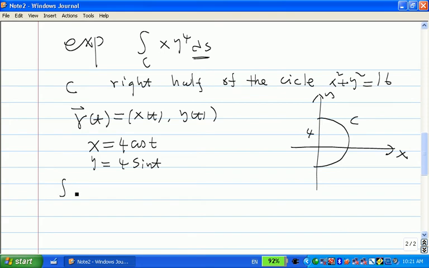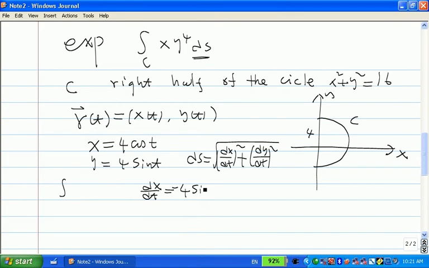Now we have an integral with the ds. To find the ds, you need to find the square root of (dx/dt) squared plus (dy/dt) squared. So we need to find dx/dt, which is 4 times negative sine t, and dy/dt is 4 cosine t.